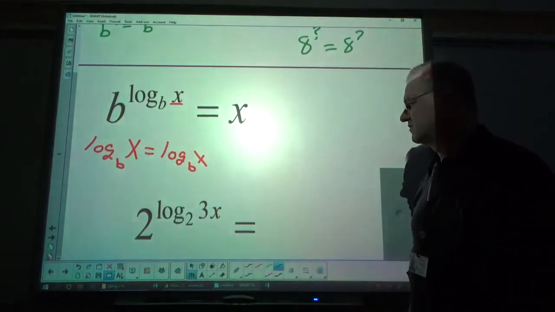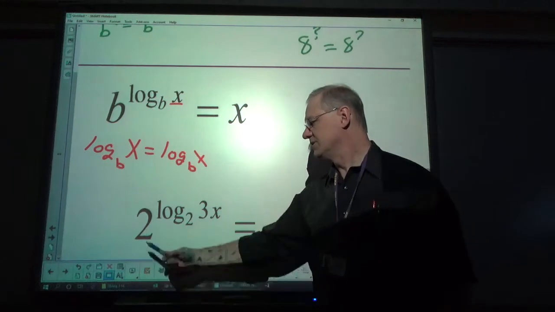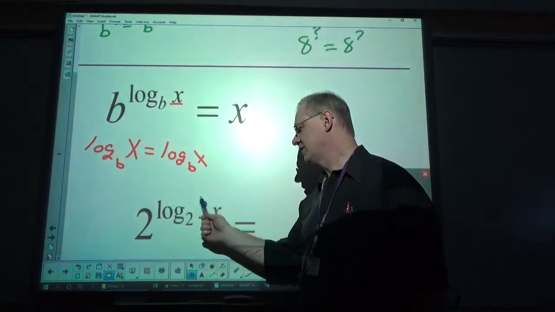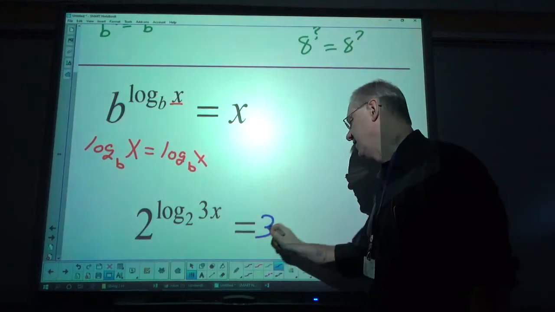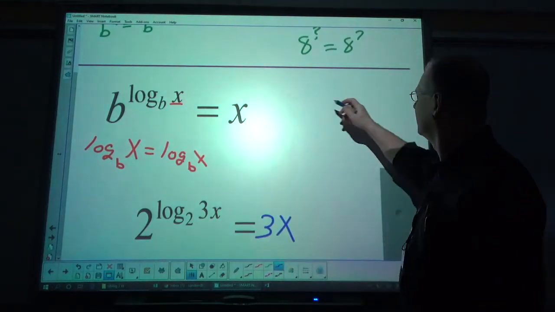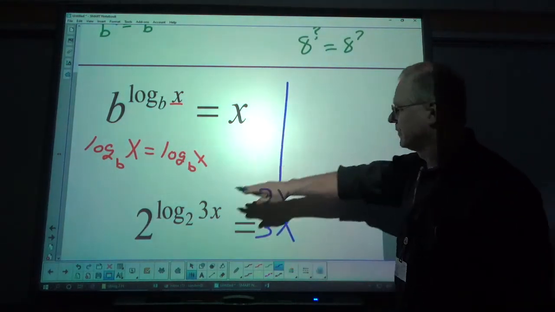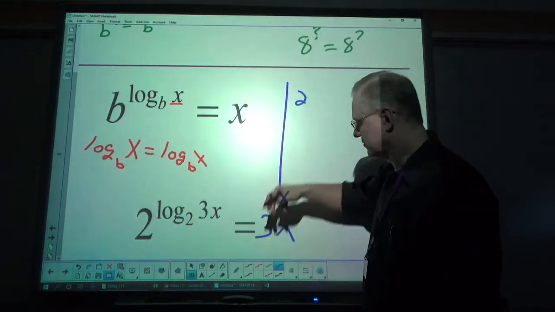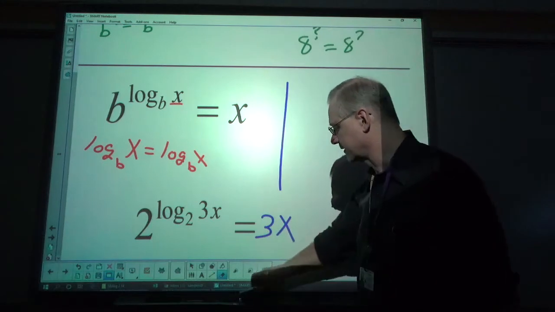Let's take a look at this one. So we said when the base and the base are the same, then what you're taking the log of has to be the answer. Let's just confirm that. This is base 2, oh sorry, we're going to write that as a log.